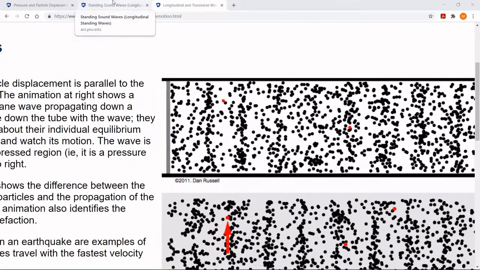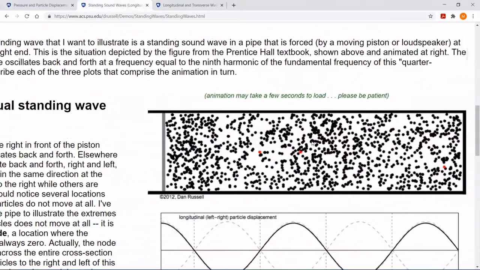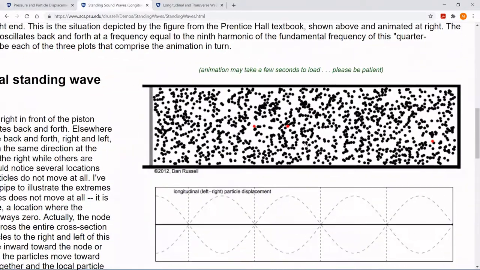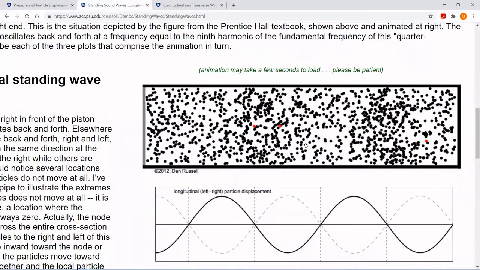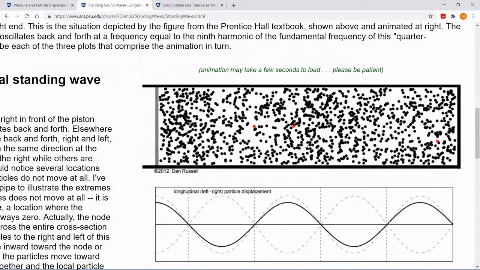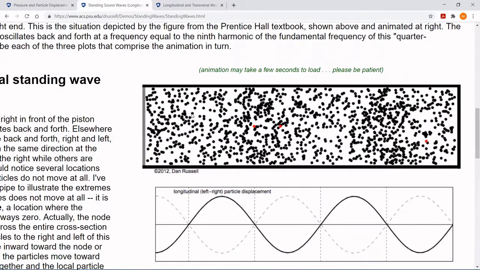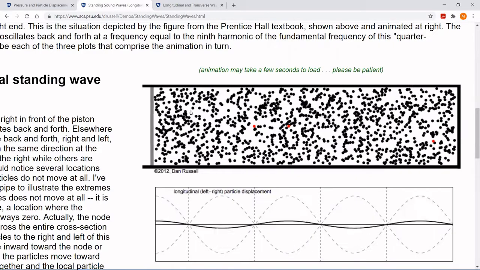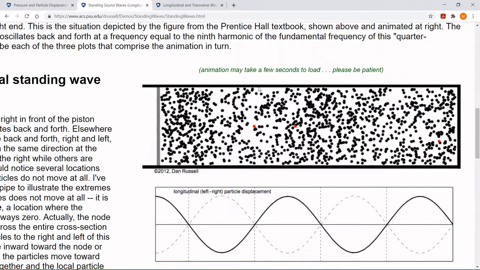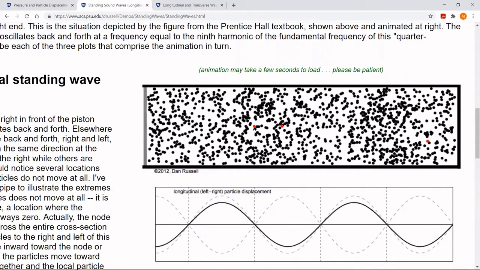Now we can move on over to an animation of standing longitudinal waves, and the behavior is immediately different. In this case, we don't actually see wave fronts traveling from one end to the other. We see regions of large amplitude oscillations, regions of low amplitude oscillations. So right here, hopefully you can see my mouse pointer, centered on this red particle.